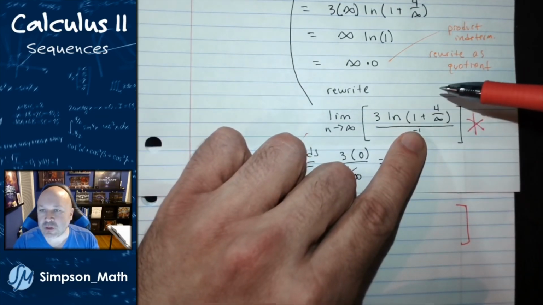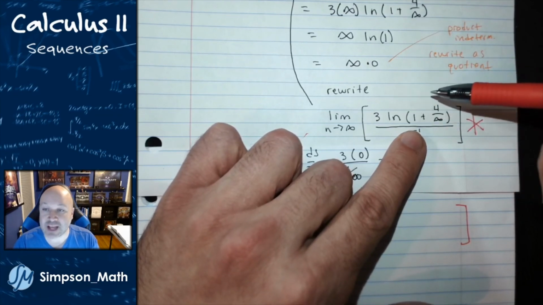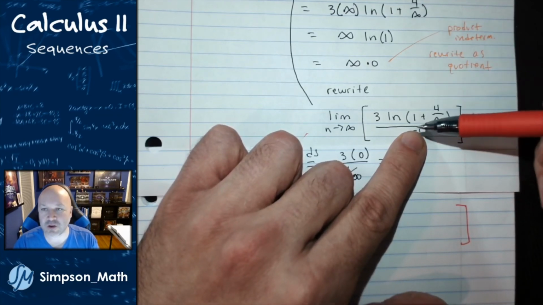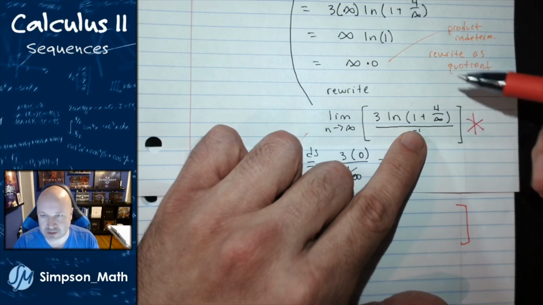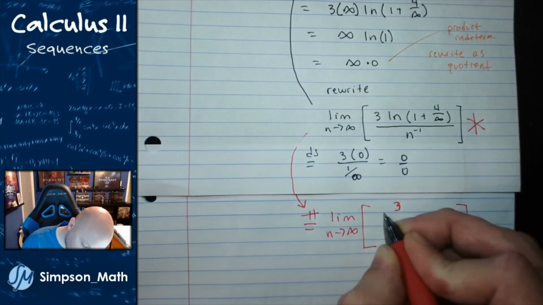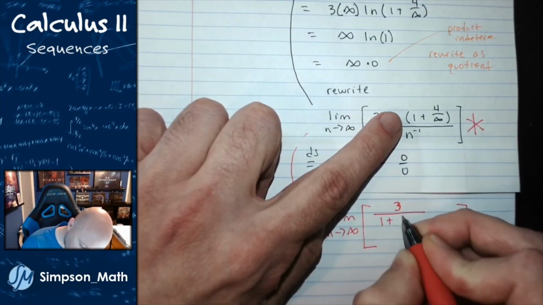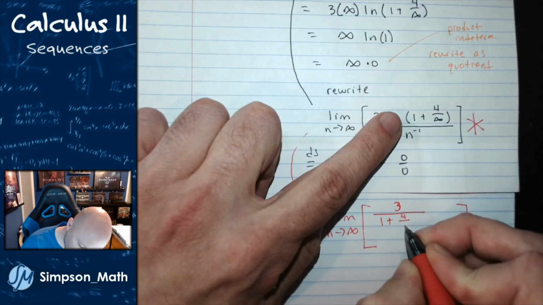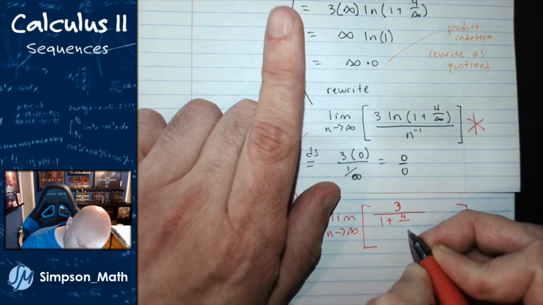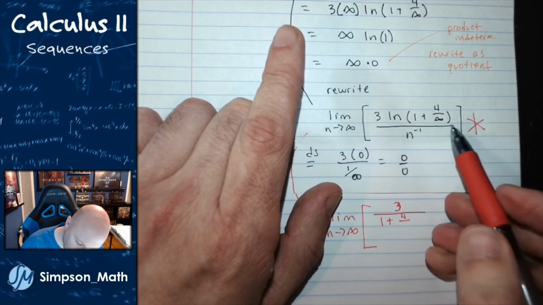Up top, 3 is just going to be a constant that I can pull out, so it's still there. The derivative of the natural log is 1 over the argument times the derivative of the argument. Okay, I can do that. I'm going to put 3 over the argument, 1 plus 4 over n is what I should have written there.